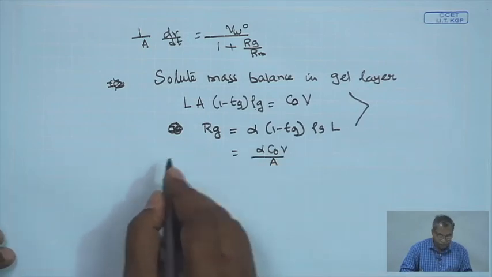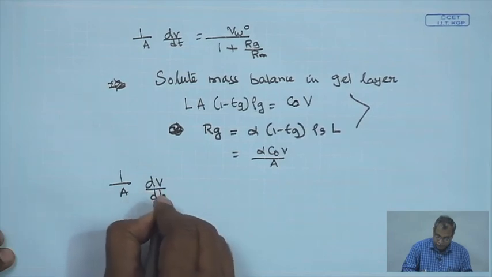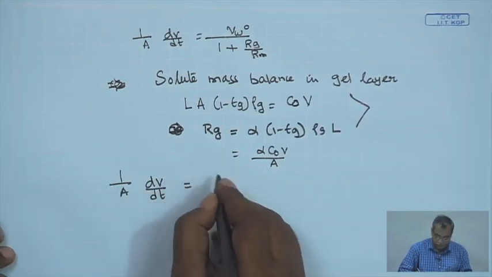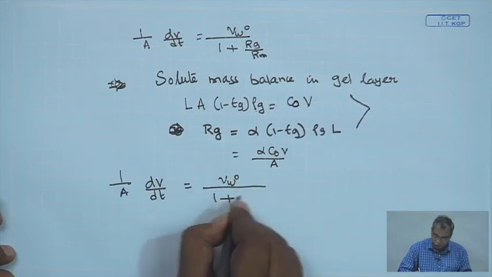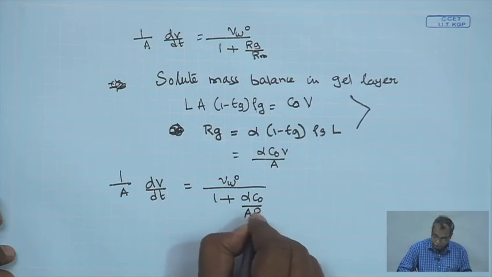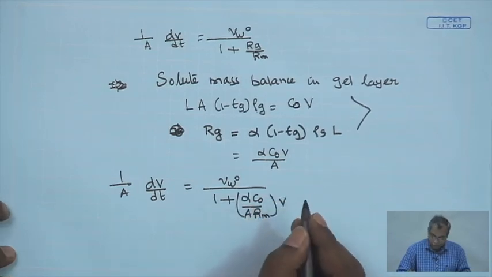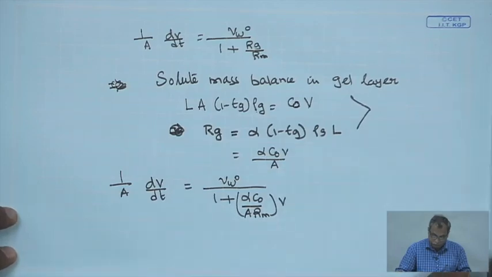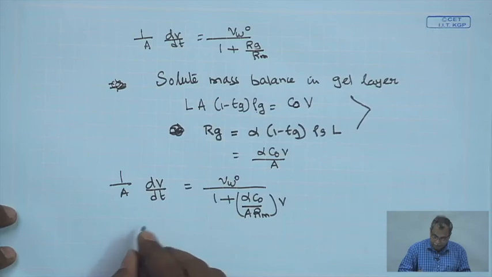So, once we get that, we can write the governing equation of cumulative volume as 1 over A dV/dt is equal to V_w0 divided by 1 plus α C_0 by (A R_m) times V. Okay. So, we take it on the other side and do the integration.